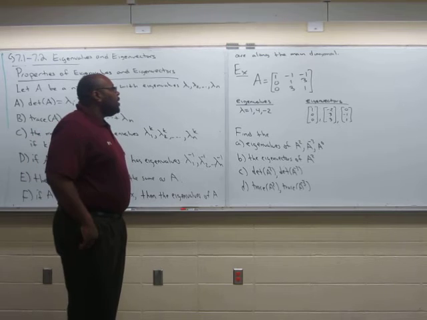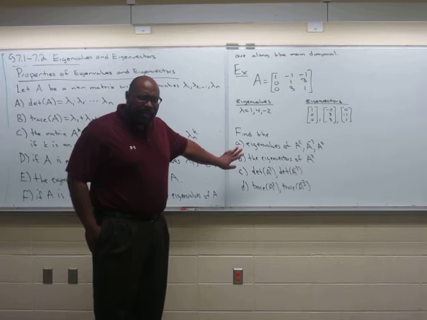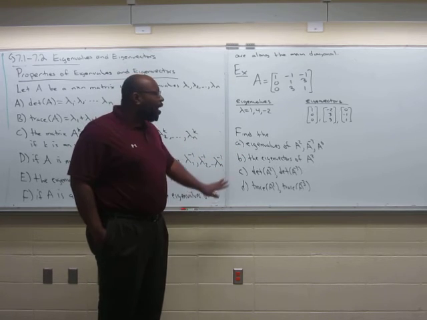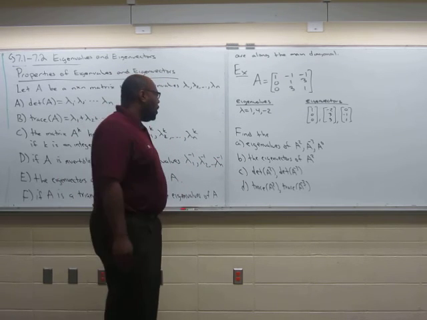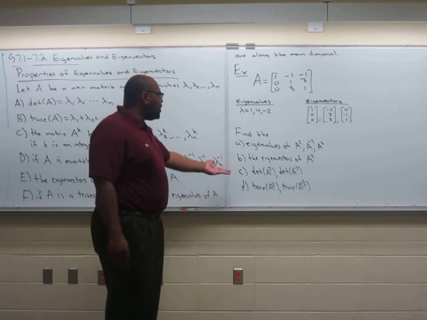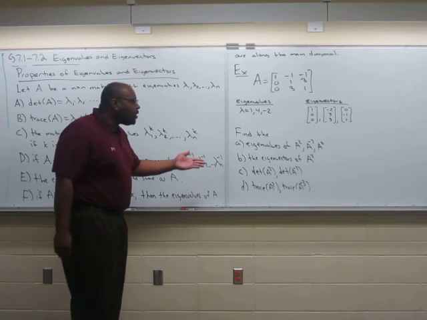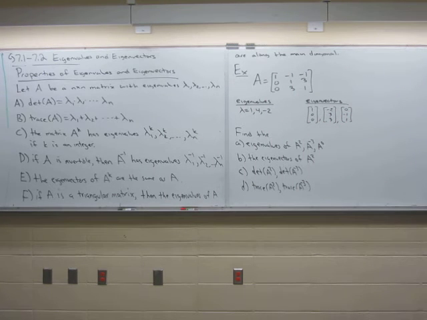So I want to find the eigenvalues of A to the second, A to the negative 3, and A to the 0. I want to find the eigenvectors of A to the second. I want to find the determinant of A to the second and A to the negative 3. And I want to find the trace of A to the second and the trace of A to the negative 3. Those are the things I want to do. And guess what?